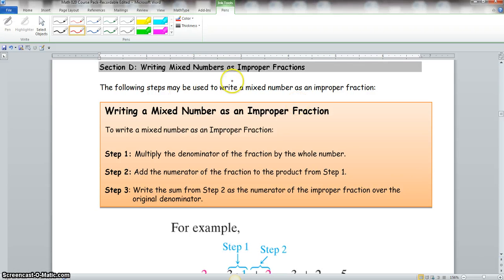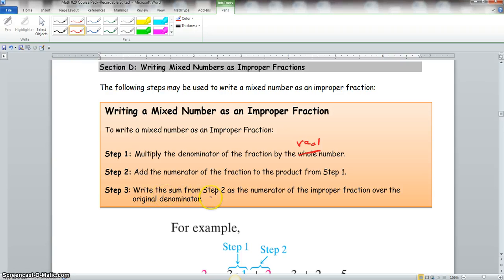Now we go to section D, write mixed numbers as improper fractions. The following steps may be used to write a mixed number as an improper fraction. Step 1, multiply the denominator of the fraction by the whole number. Step 2, add the numerator of the fraction to the product from step 1.